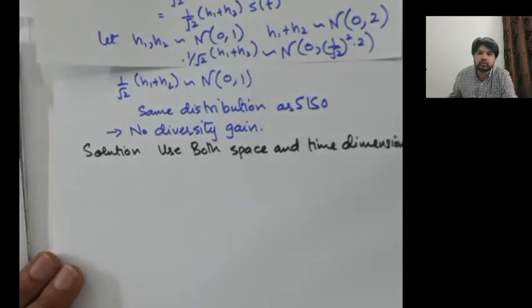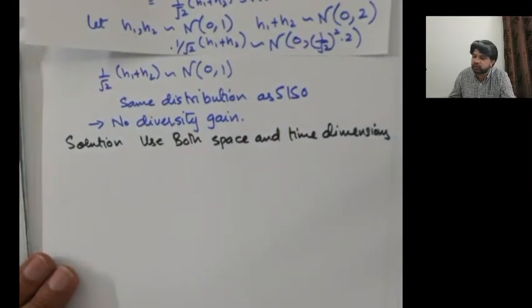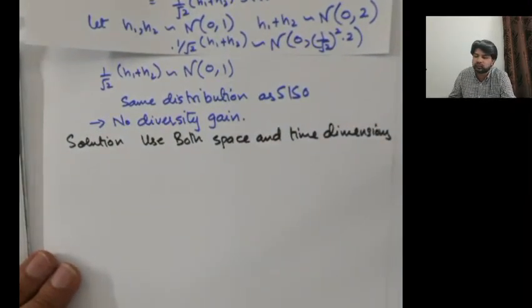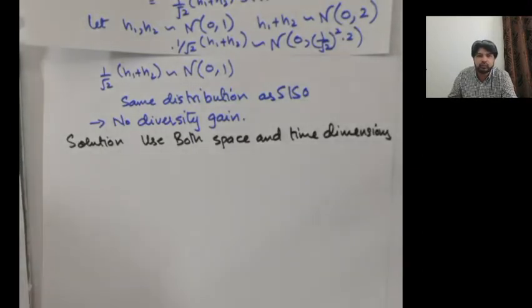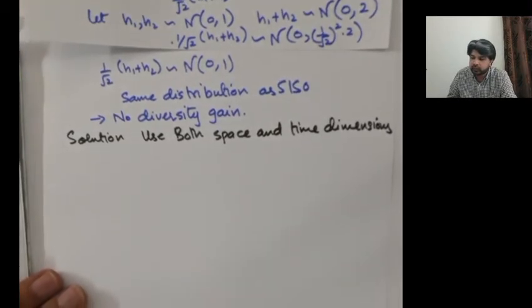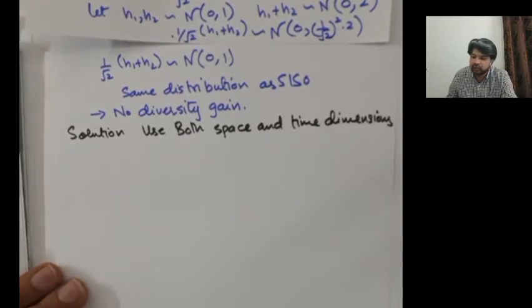If you're only using the spatial dimension and you are transmitting both of your signals in the same time slot, you would not be able to get anything out of it. If you however make use of the space as well as the time dimensions, you can still get some diversity gain even if you don't have any channel side information at the transmitting end.